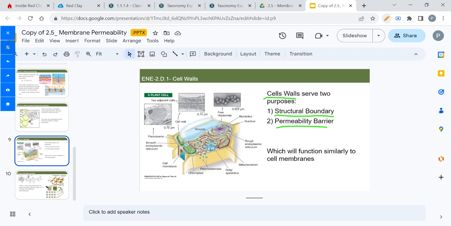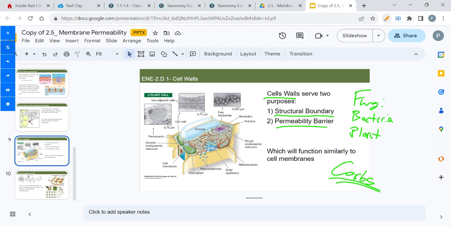These cell walls are specifically found in fungi, in some bacteria, and finally in plants. Your cell walls are all basically made out of carbohydrates. We do have to be able to allow water to enter through it.